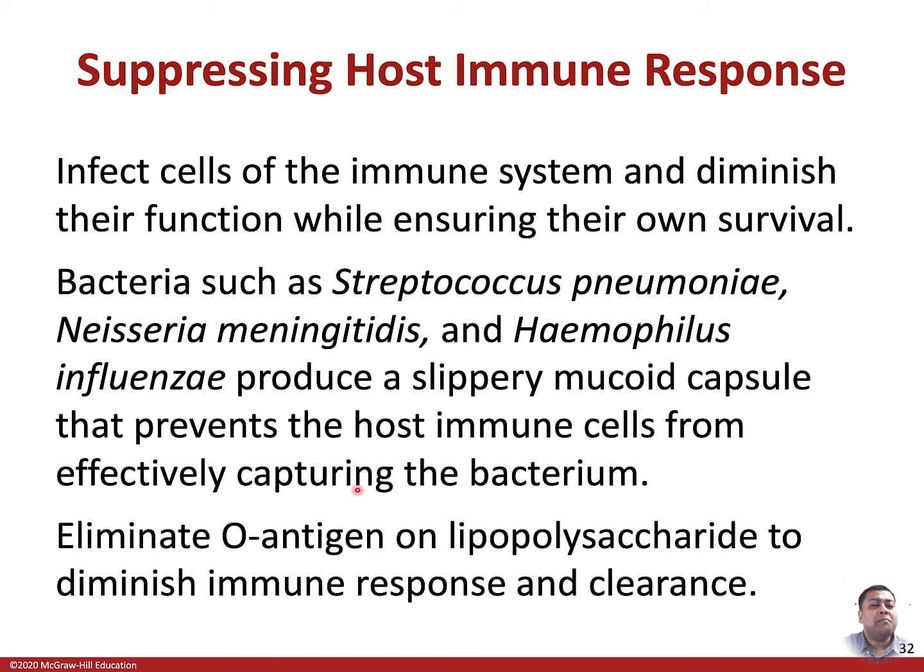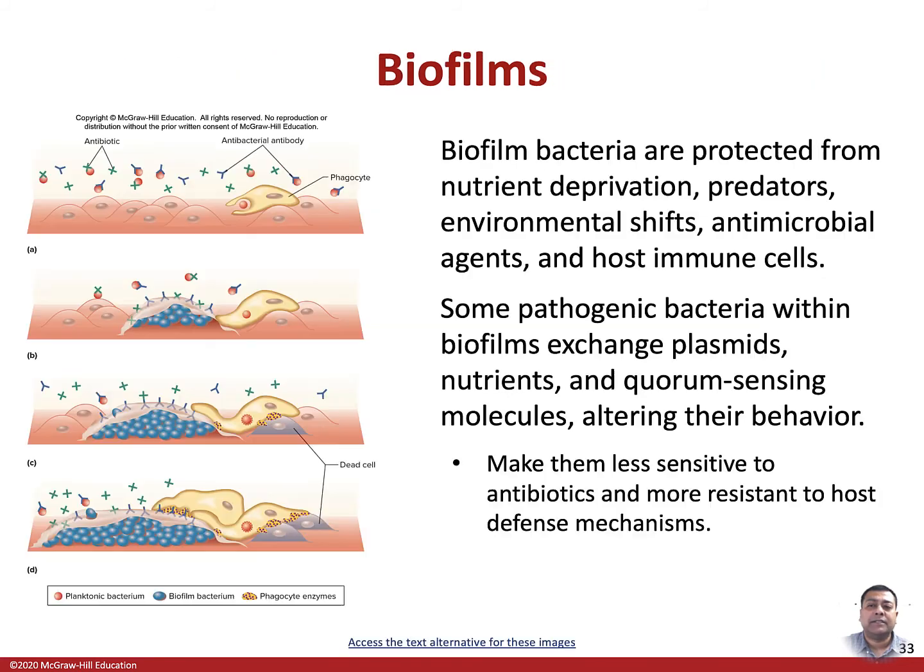This E. coli is a gram-negative bacteria, so it does have the lipopolysaccharide, and this O157 is the O antigen type 157, and that is what is meant by O157. Essentially, it diminishes the immune response and the clearance.